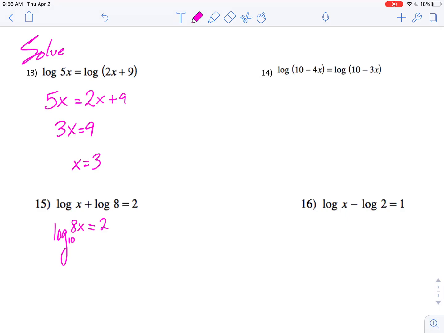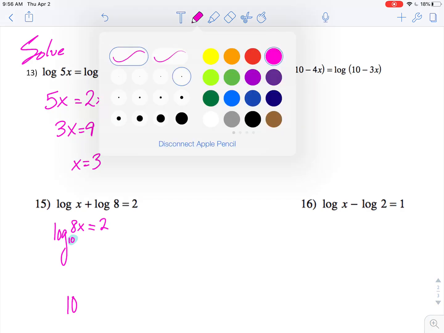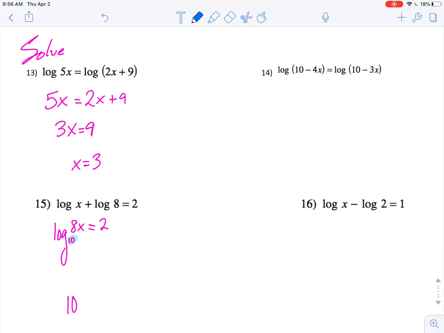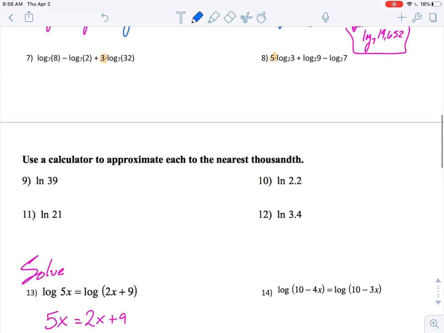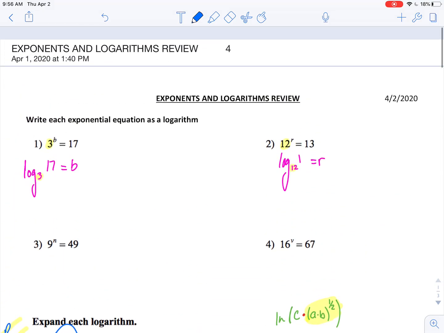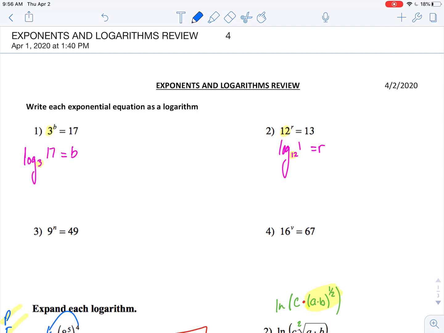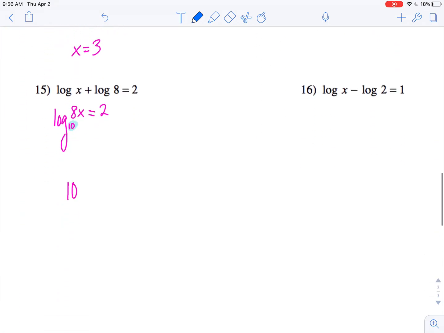And now anytime you've got a logarithm equal to a number, I want you to write this as an exponential form. So what's the base of my exponent? Well, the base of my log is 10. Base of my exponent is 10. So 10 to what power?